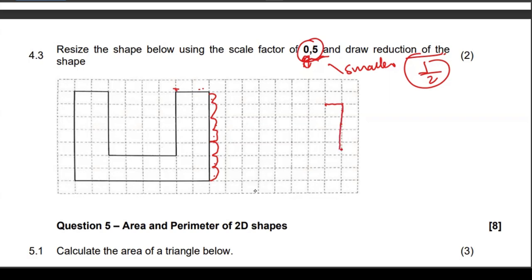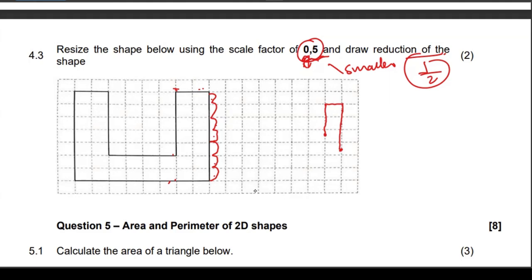And then here we have 1, 2, 3, 4, 5, which is going to be 2.5, which is somewhere there. But this is 2 blocks, which means it's supposed to be 1 block. Yeah, it is, because it's a half.